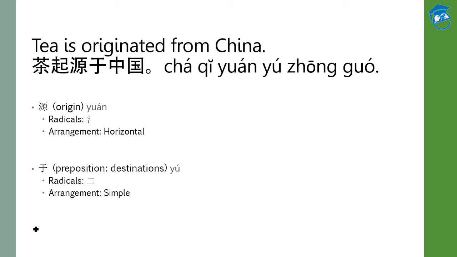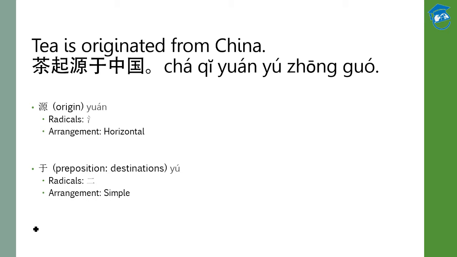If you want to use another preposition, you can also use 自. That's the 自 as in bicycle, 自行车. As you have learned, 自 can be self, but it can also mean from. Like when you say, I'm from Germany, you say 我来自德国.